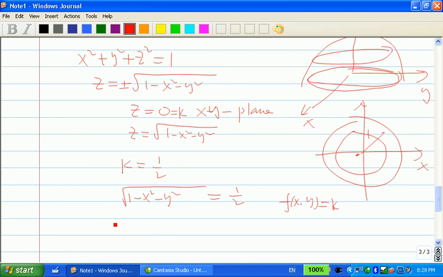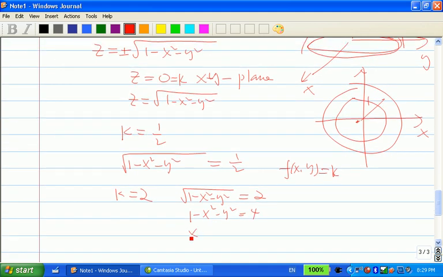Also, you can say I let k equal to 2. Then the level curve is square root of 1 minus x squared minus y squared equal to 2. Now let's see what kind of curve that is. You square both sides, and you get 1 minus x squared minus y squared equal to 4.